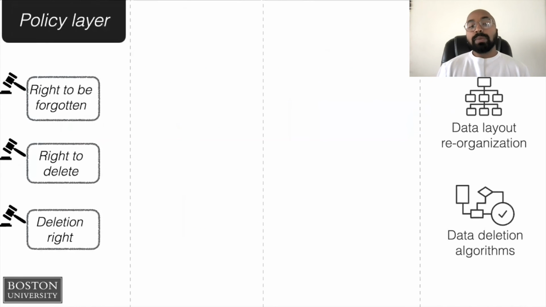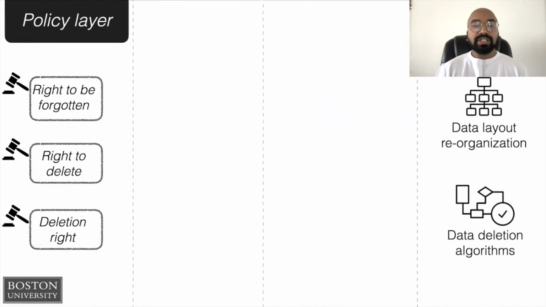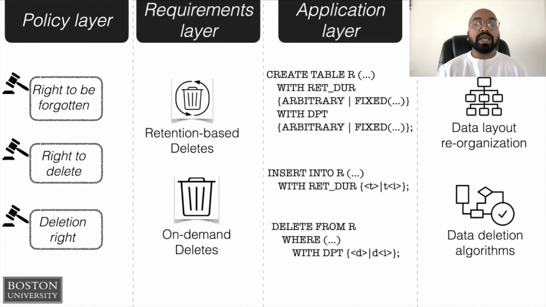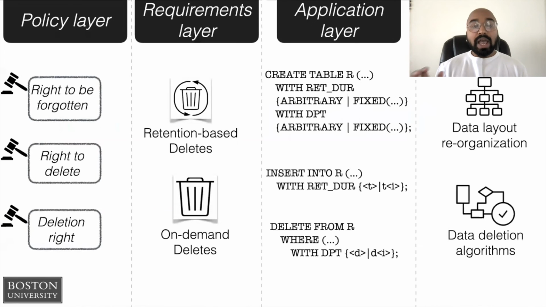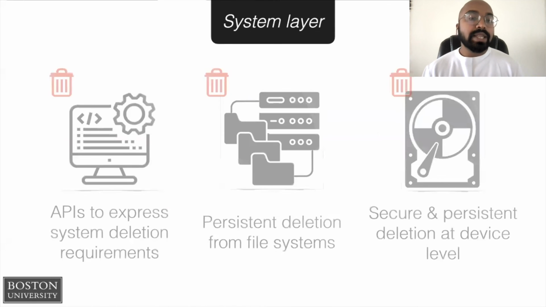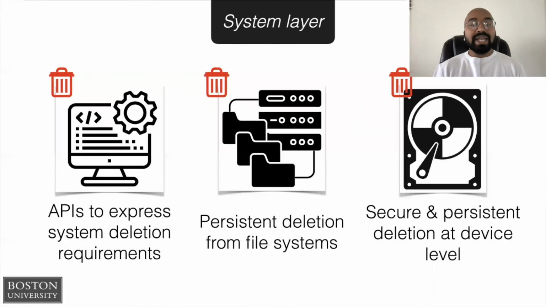Now, with the policy layer at one end and the system solutions for data deletion at the other, we have outlined the holistic framework for designing systems that can support privacy through deletion. Having said this, there are still a few missing links at the system layers. Looking closely, we can see that existing data systems may need to update their APIs in order to be able to capture the newly introduced deletion requirements.